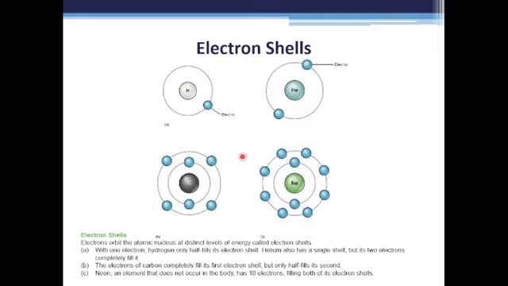Next, we have carbon. Carbon has 4 electrons in the valence shell. Since the second shell can hold up to 8 electrons, carbon can still form many bonds, which makes it highly versatile, since it needs many electrons to be stable.